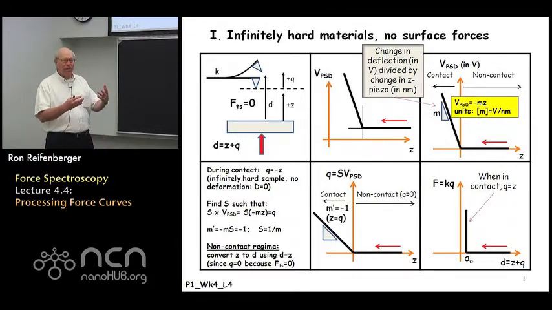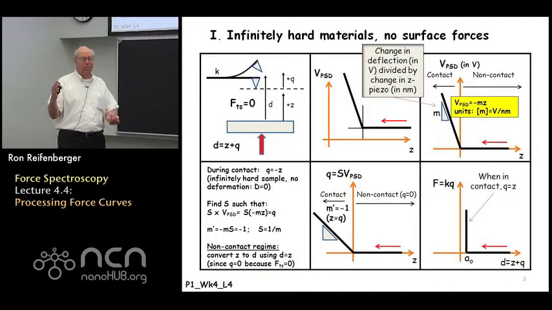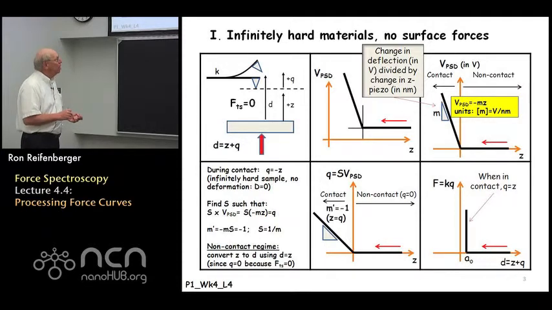The optical sensitivity can change from day to day simply because it depends on how the laser is positioned on the cantilever, and it depends on the orientation of the cantilever as it's mounted into the AFM. So slight changes in orientation of the cantilever could in principle change the sensitivity.